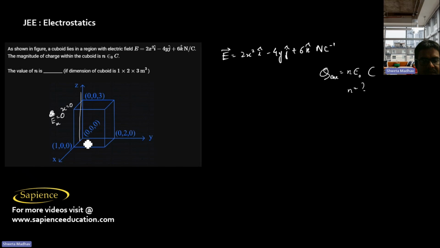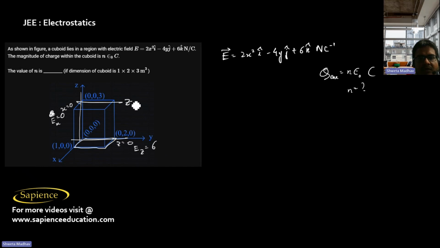So here the z value is 0 for this surface. At z equal to 0, the z component of the electric field is 6.